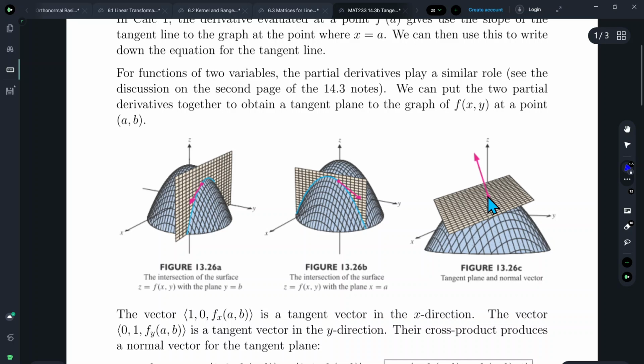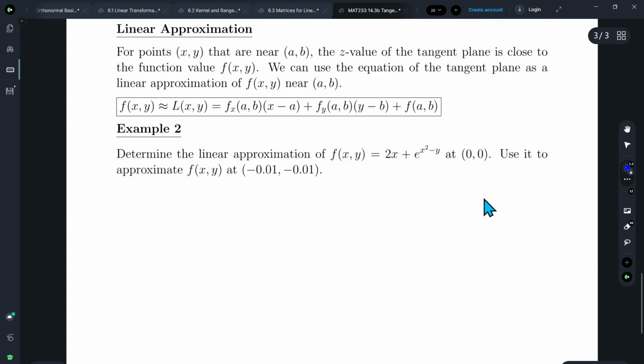However, if you move away from this point, but still stick to points that are very close to it, like say these nearby points around it, then the z-coordinate of the tangent plane is now different than the function value around this point. However, the z-coordinate is still close enough to the function values such that we can get a good approximation. So that's the basic idea behind the linear approximation.